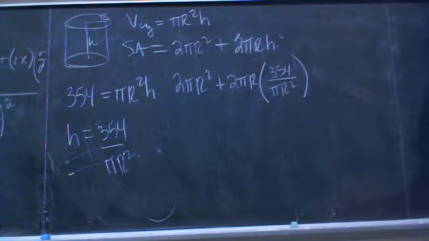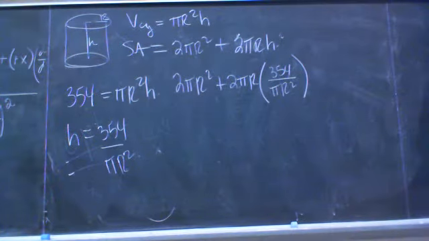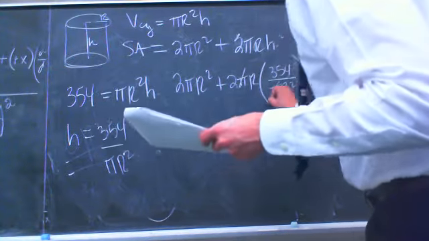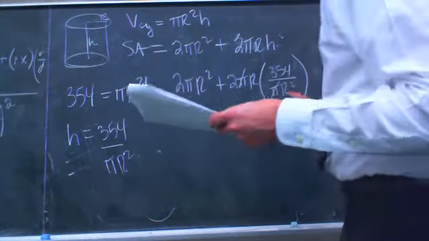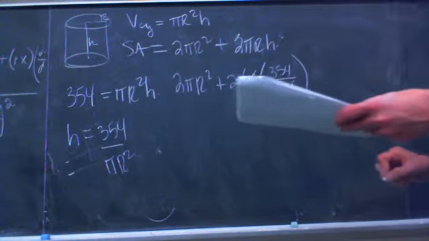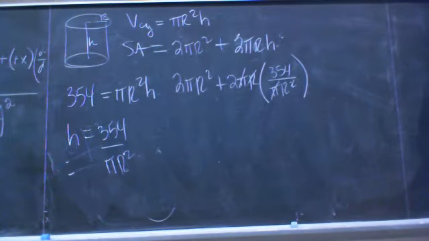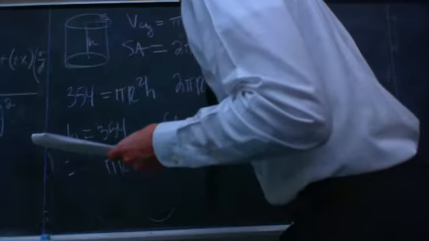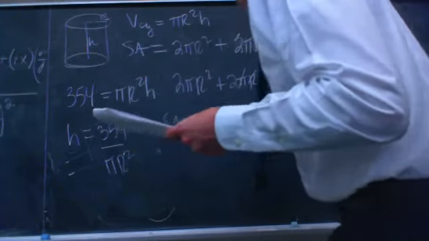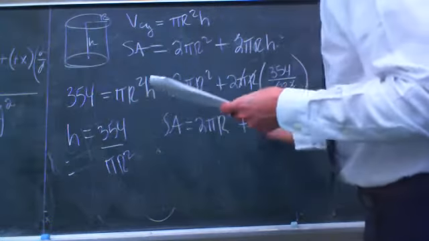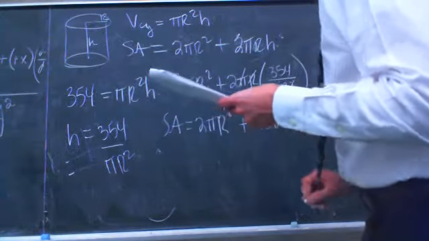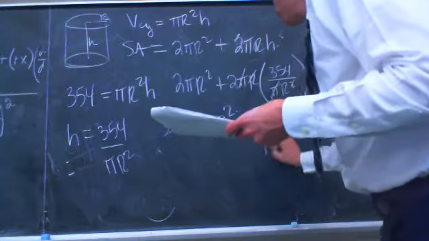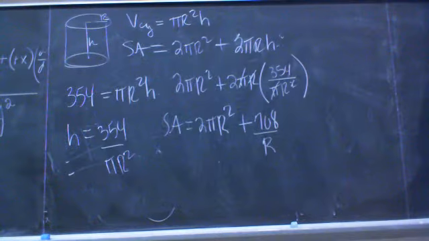Okay? And I'm just going to put that in for h. And then what happens is the pi's divide out here, and then one of these r's will divide out with one of those. So if I multiply that, I get the surface area cleaned up to be 2 pi r squared plus 708 all over what?